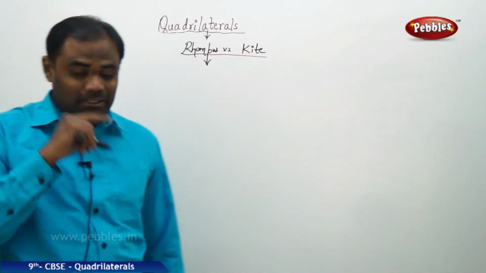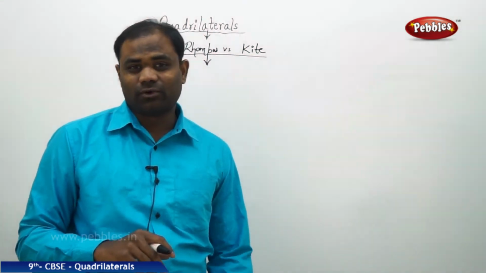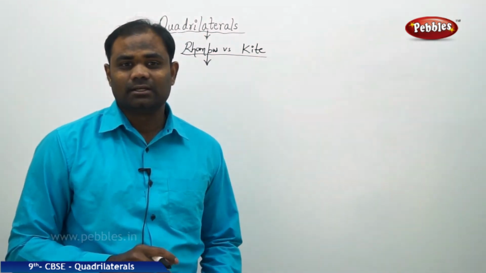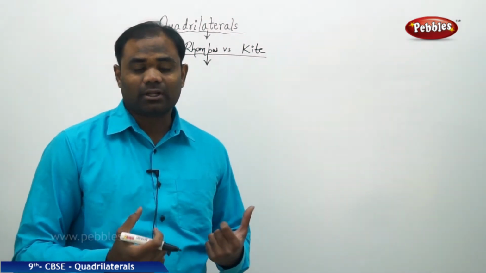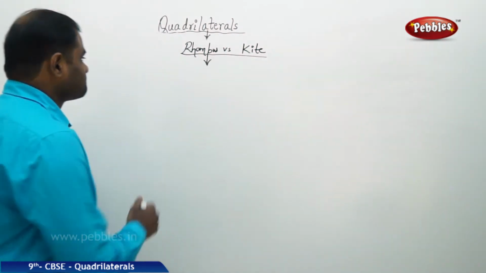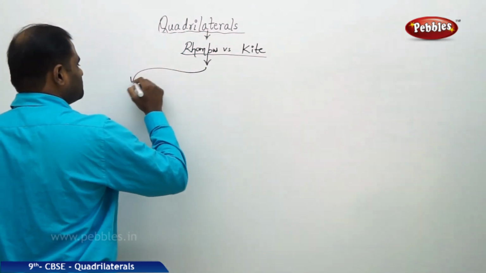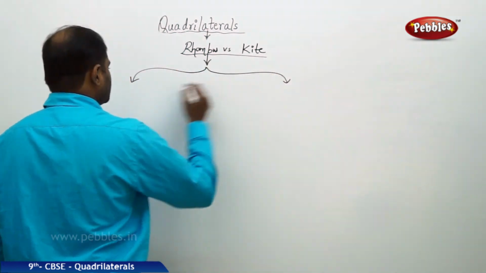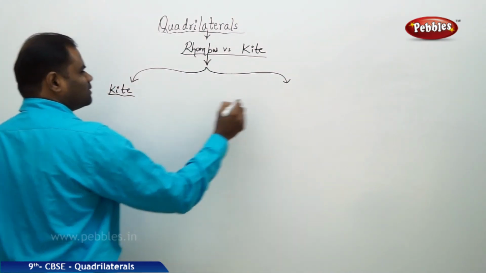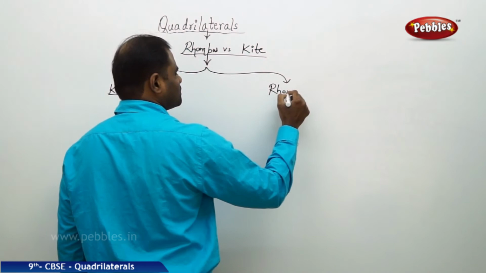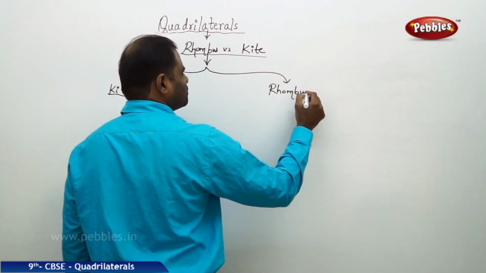Now that we have discussed about the definitions of rhombus and kite, let's see the detailed properties and then connect through the common and uncommon properties. Here, I take the case of a kite and I take the case of a rhombus.